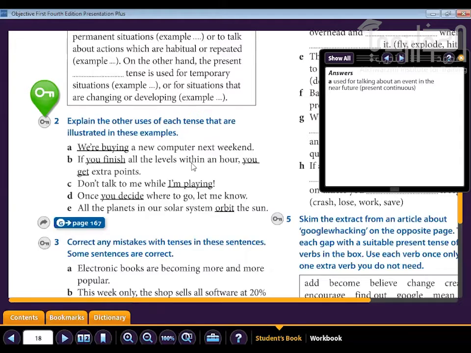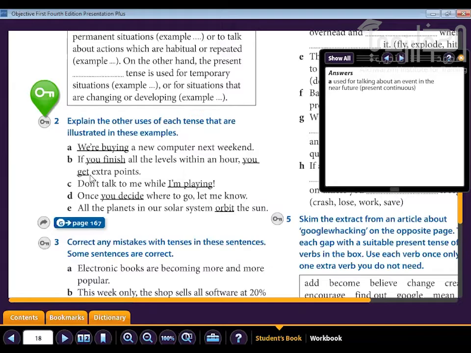If you finish all the levels within an hour, you get extra points. You can see that we have finish in the simple present, and then get also in the simple present, and we have if. We call this zero conditional. We have what we call conditional sentences. If with simple present and simple present, we say it is zero conditional.